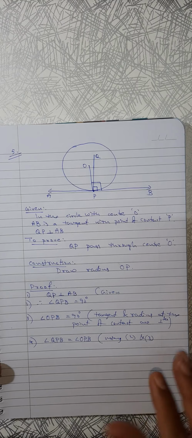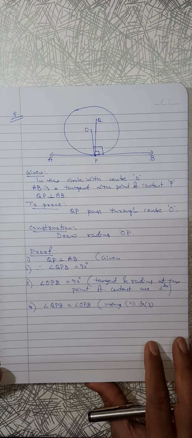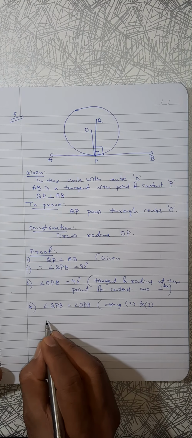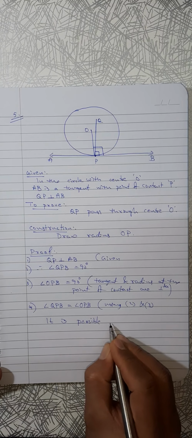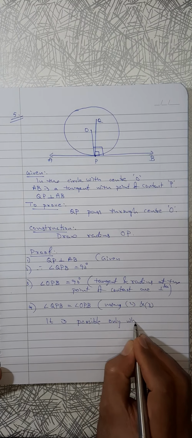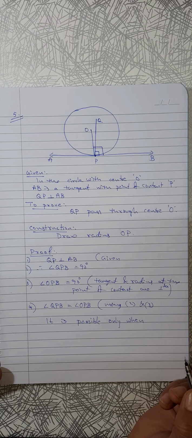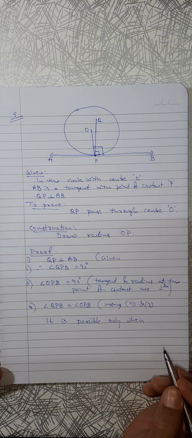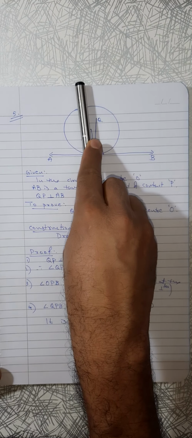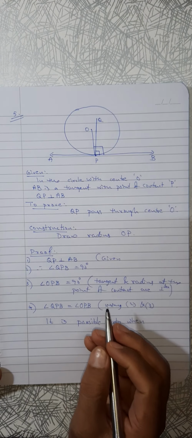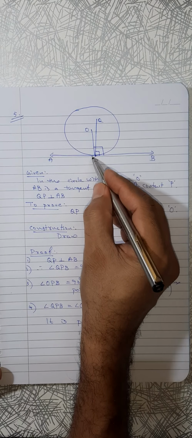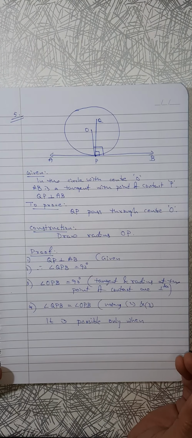It is possible only with a condition. Try to say when it is possible. Only when this line and this line coincide. It cannot be a separate line. If it is a separate line, not possible. If these two lines OP and QP are the same line, then no problem.